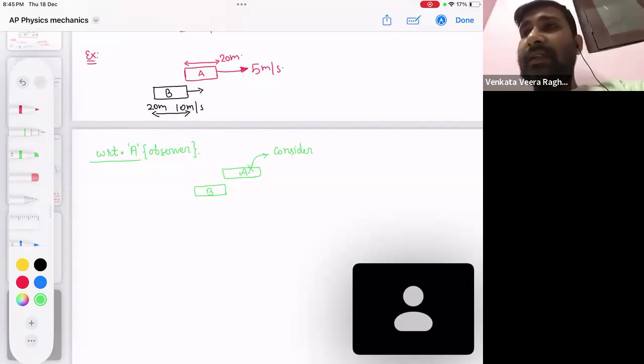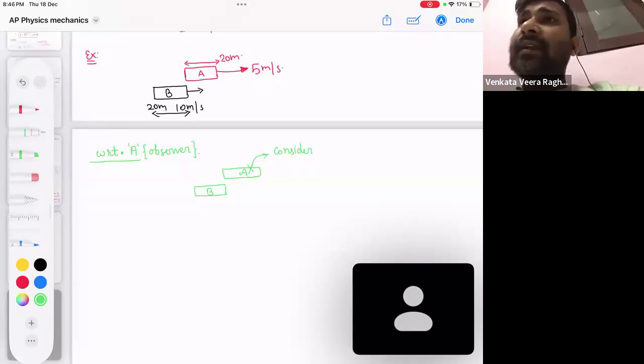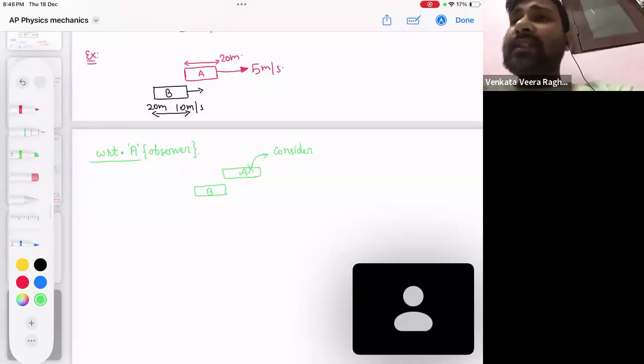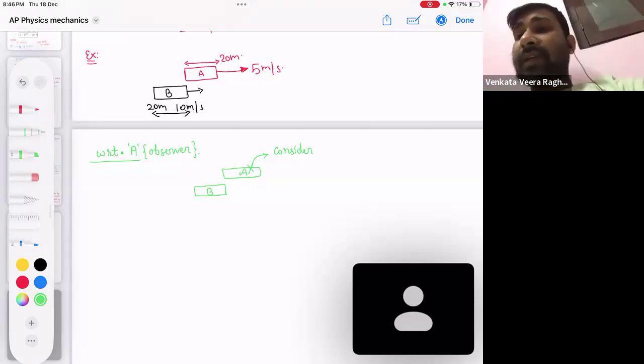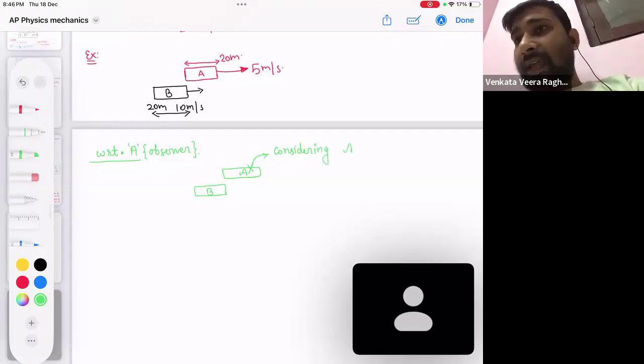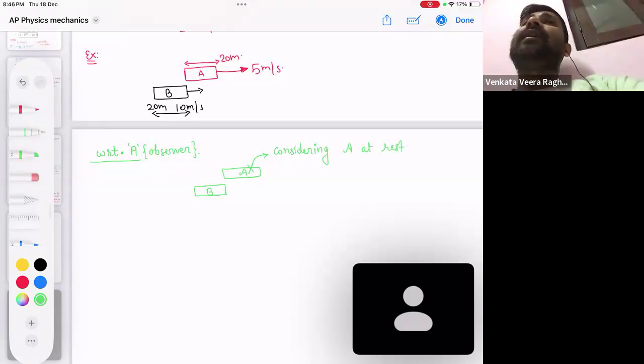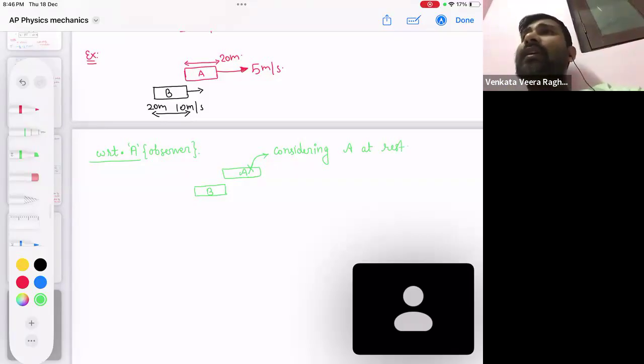This just gives us a simple calculation, easy understanding, nothing else. Okay. So here you see I am writing the words considering A at rest. Matlab, whenever you put someone as observer, that means you are considering that particular thing as rest.